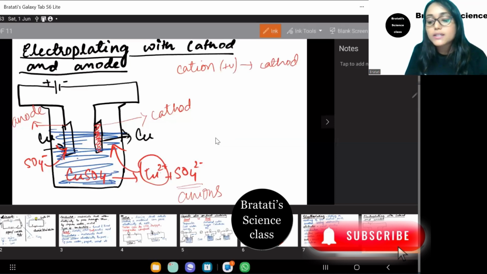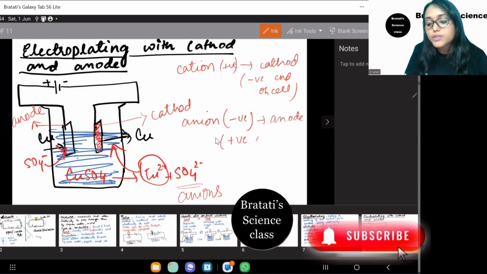The cation, the positive charge, will move to the cathode. The cathode is connected to the negative end of the cell, and the anion, which is a negative charge, will go to the anode, which is connected to the positive end of the cell. Is it helpful?